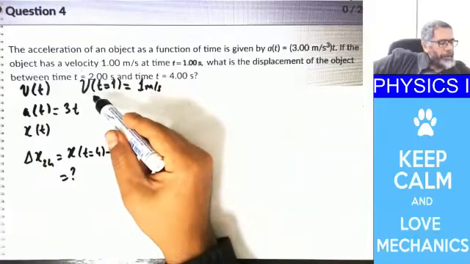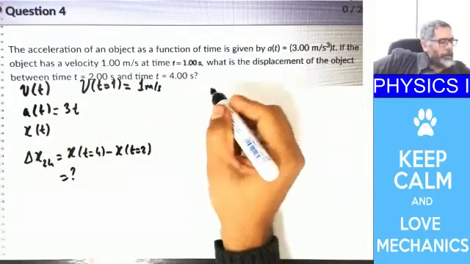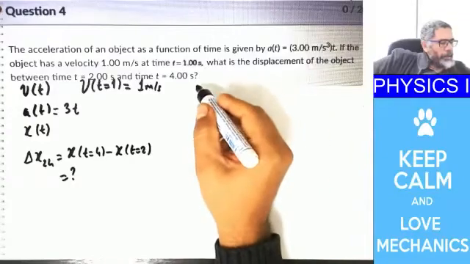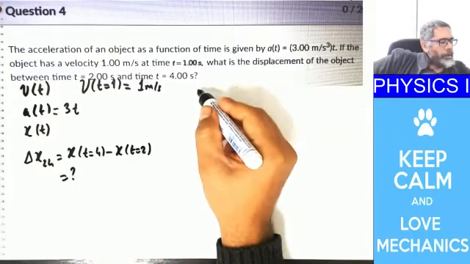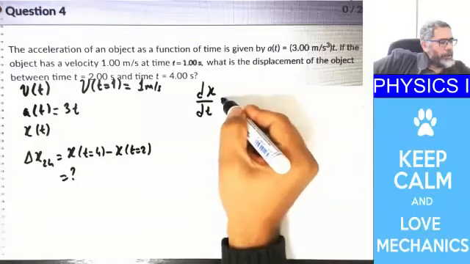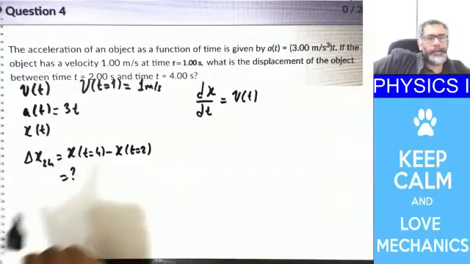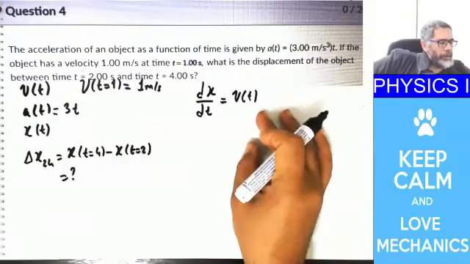First thing is that what we know about displacement, or x, we know that dx over dt is nothing but v(t), right? This is coming from the definition.